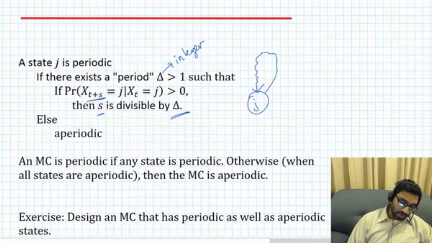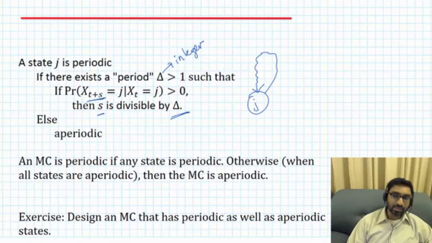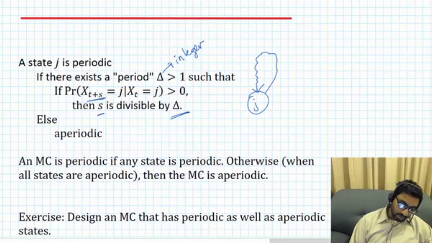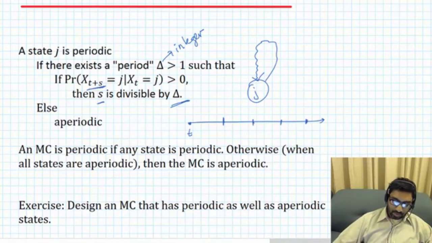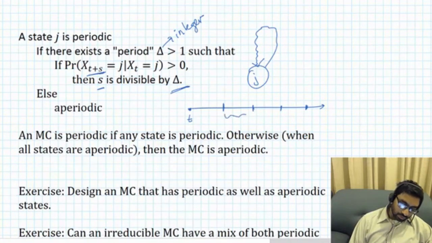And the only way you can have this probability of returning to j at some time t plus s be greater than 0 is that this s is divisible by delta. In other words, if you think of the timeline starting from t, the only possible points in time that you are likely to visit the state j again are all multiples of delta.